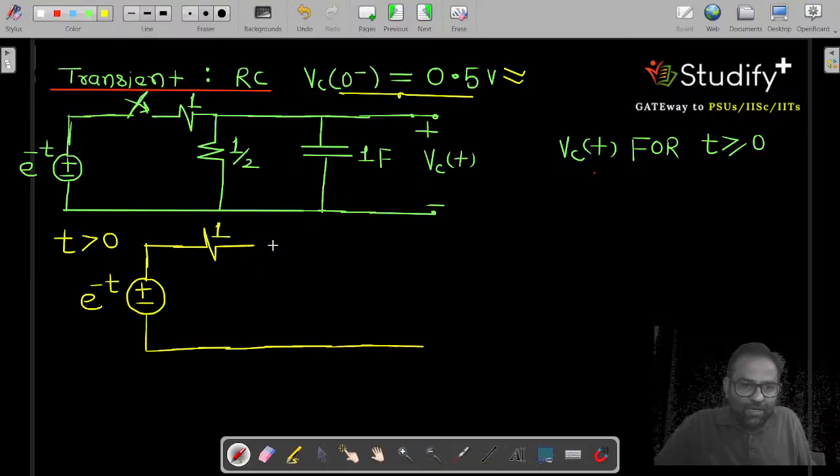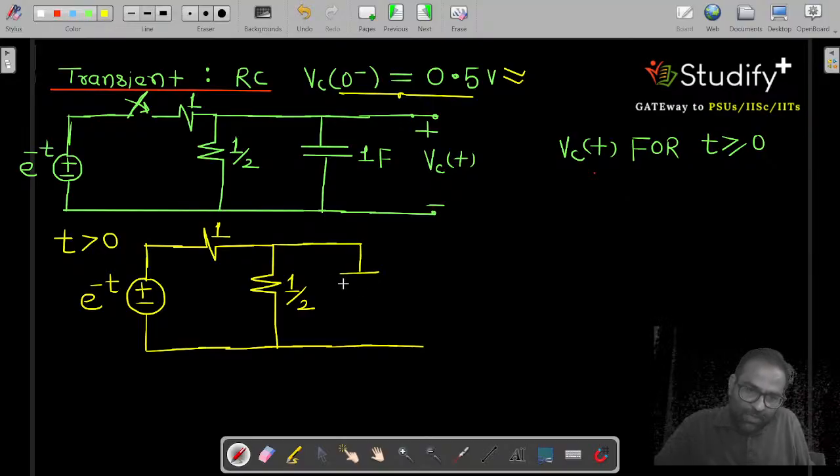Then we are having a 1/2 ohm resistance. Then we are having one capacitor, and the capacitor is of value 1 farad.